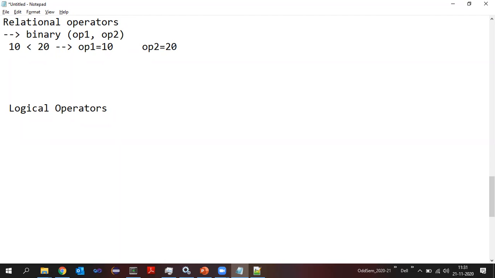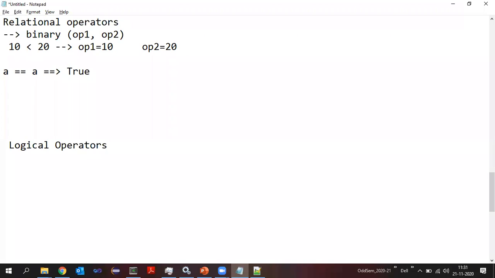Now if you look at the data type, the operands can be integers, sometimes floating point numbers, or sometimes characters. With characters, I can say A is equal to A. I can compare two characters: A is one character and the second operand is again A. So A is equal to A means the result is true.